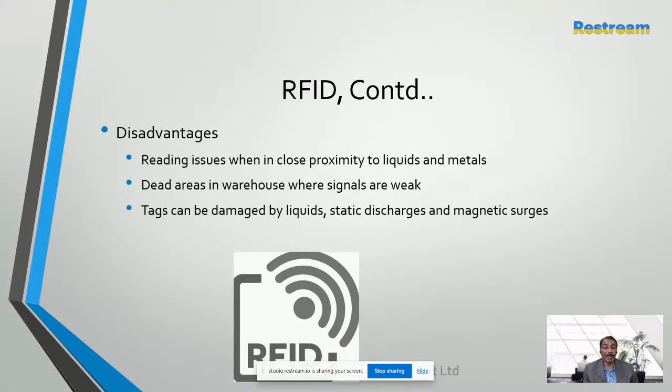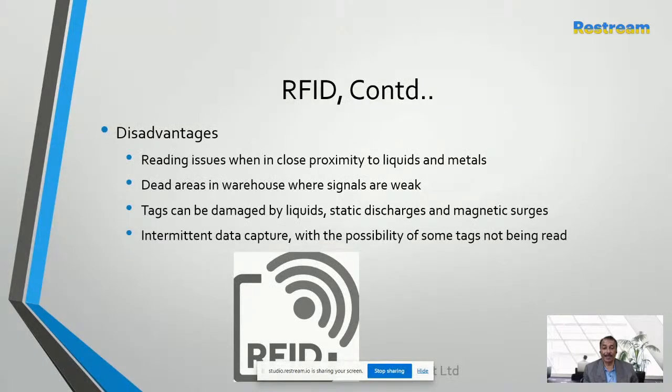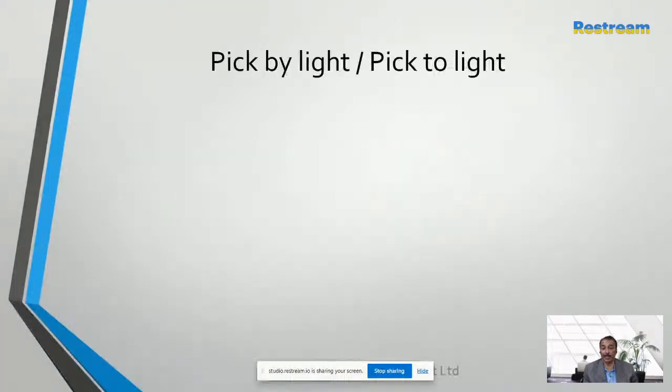Tag can be damaged by liquid, static discharges, and magnetic surges. Intermittent data capture with the possibility of some tags not being read. And these have to be taken care of. It is not that it cannot be eliminated. Of course, this can be taken care of.